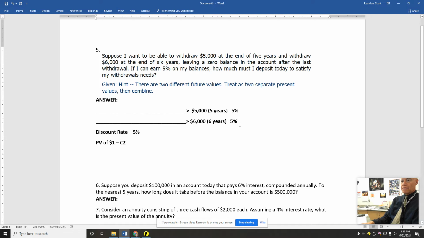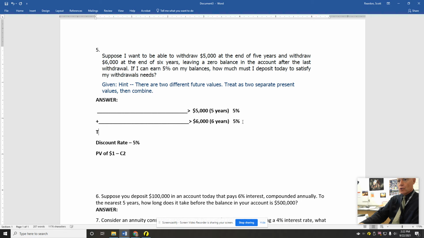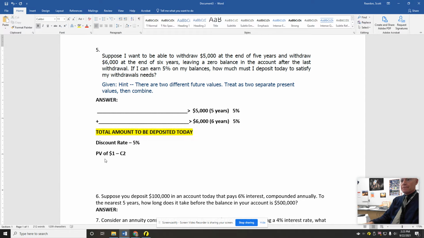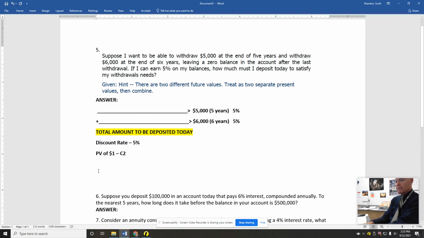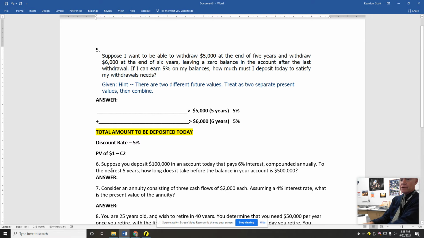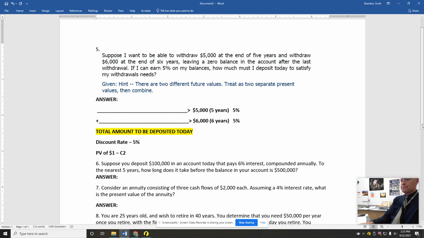You're going to come up with a factor. You're going to add these two calculations and come up with the total amount to be deposited today. What do I need to do for that? All right, so that's number 5. Again, I'm not giving answers here. You need to figure that part out.